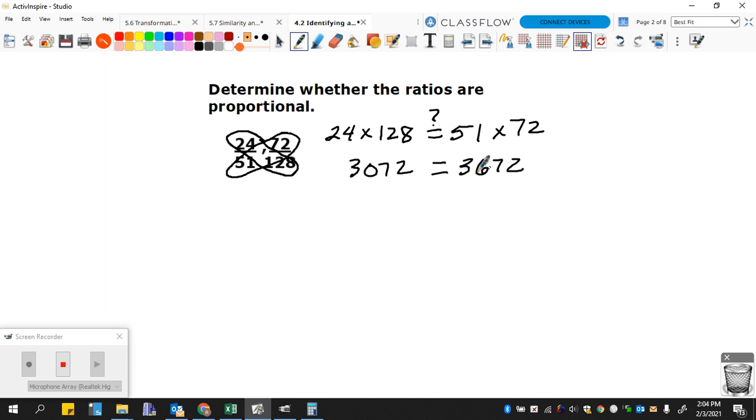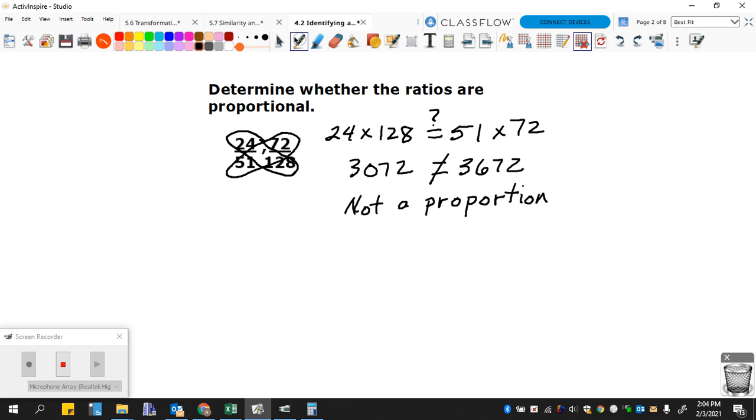So those are not equal, so this is not a proportion. Or we could say they're not proportional. Either way, not a proportion. So there we go.